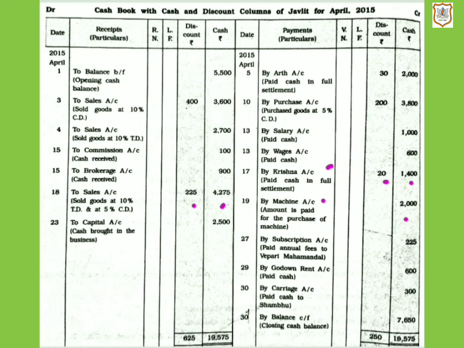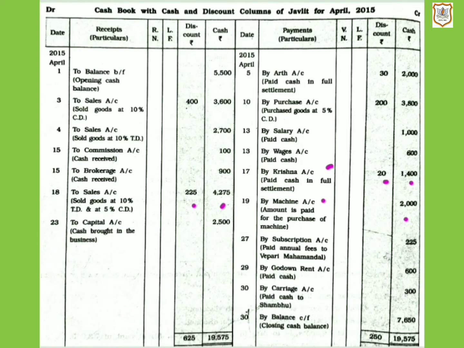Now next transaction, date 23rd. As more funds are required in the business, household furniture of rupees 3,000 is sold for rupees 3,500, and out of this 2,500 are brought in the business. Owner is bringing 2,500 in cash as more funds are required in the business.